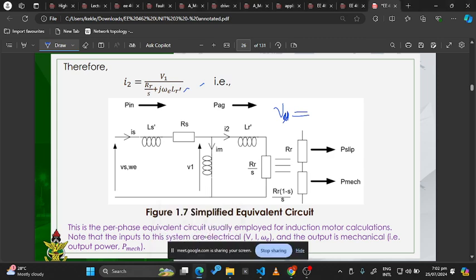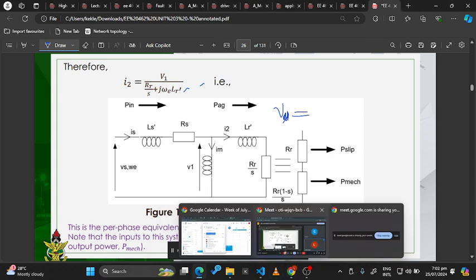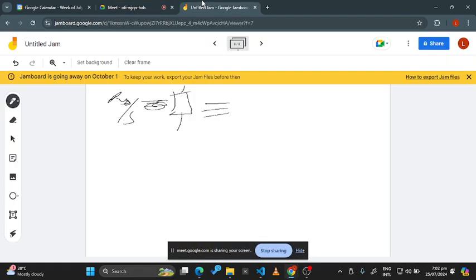Okay, yes. So as I was saying, part of this RR on S is producing the mechanical power, and part of it is producing the losses. So this is like putting resistors in series. Is that okay? Because at the end of the day, the current is going to flow through to the rotor.